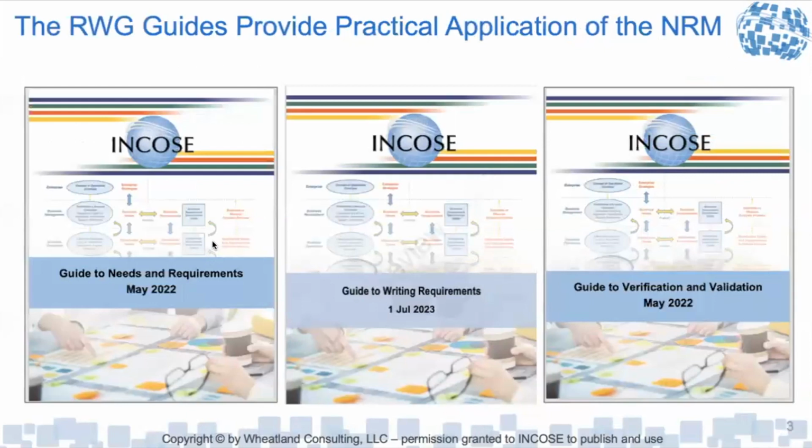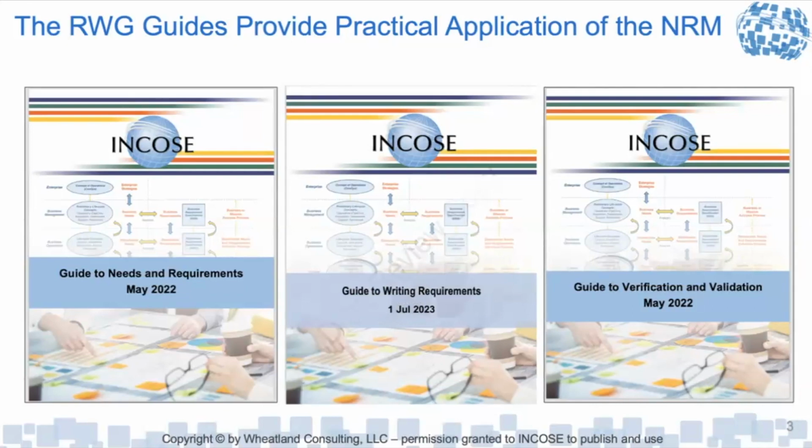So we have a set of products: the Guide to Needs and Requirements, the Guide to Writing Requirements, and the Guide to Verification Validation. Notice the Guide to Writing Requirements has a 1 July 2023 date on that. We are updating that to a version 4, and we're in the last review cycle of that. Any INCOSE members should have seen some announcement on the Yammer page about that.